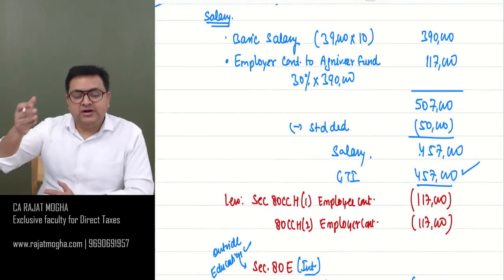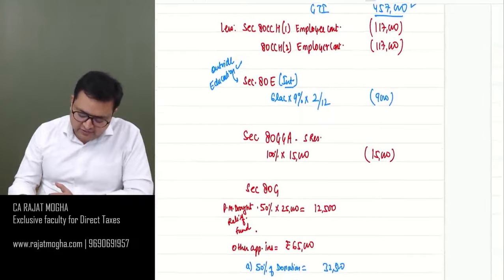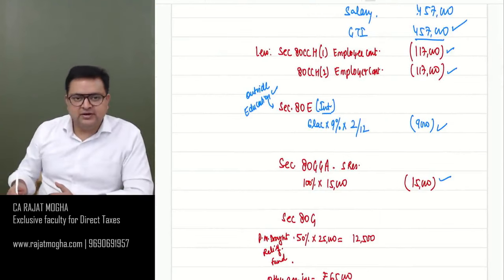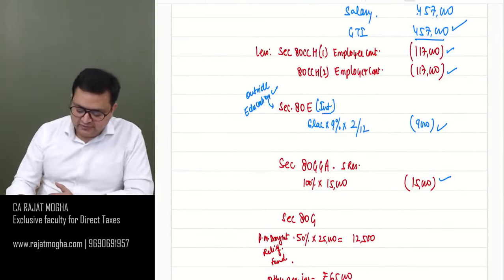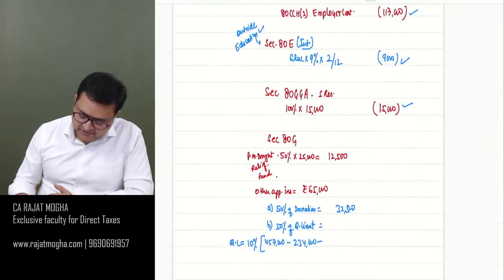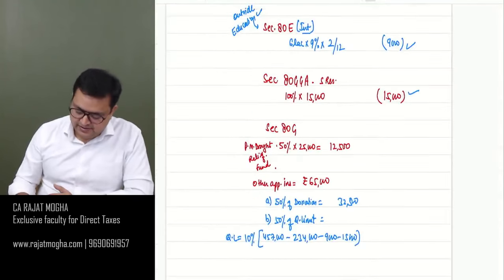Then minus all deductions from 80C to 80U except 80G. So 80C to 80U: 2,34,000 (the 117 and 117), then 9,000 in 80E, and 15,000 in 80GGA. These are all the deductions; just subtract them.